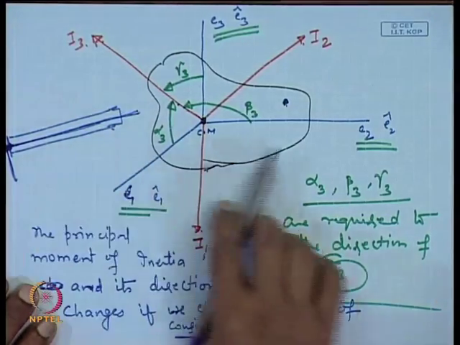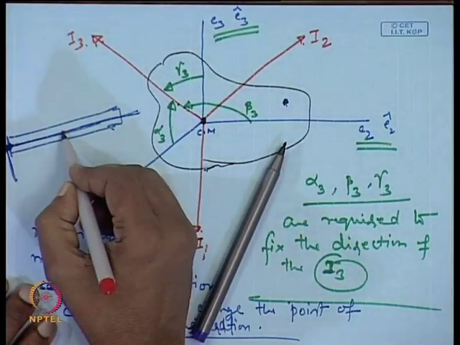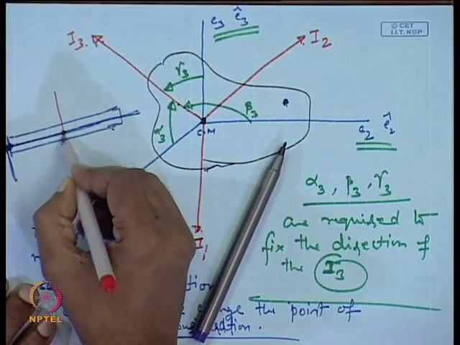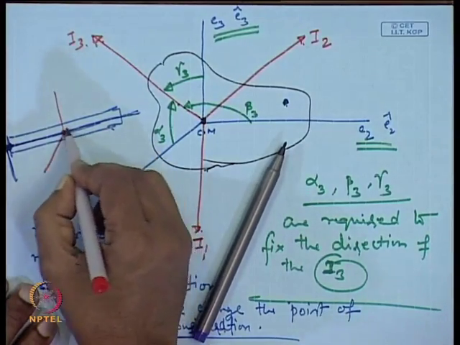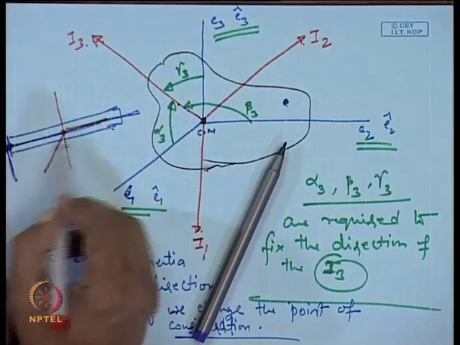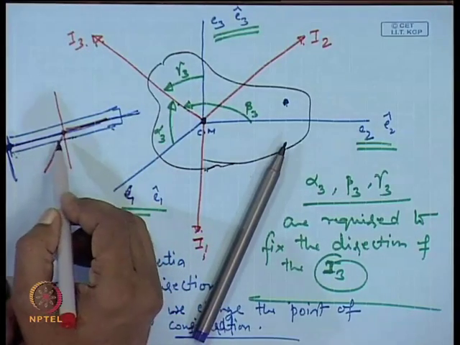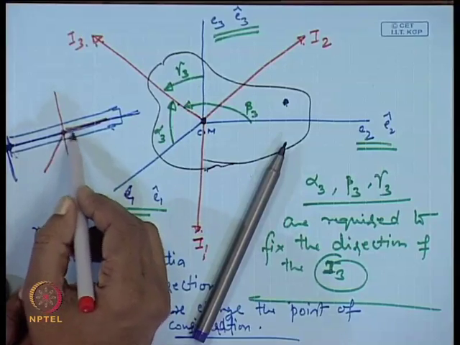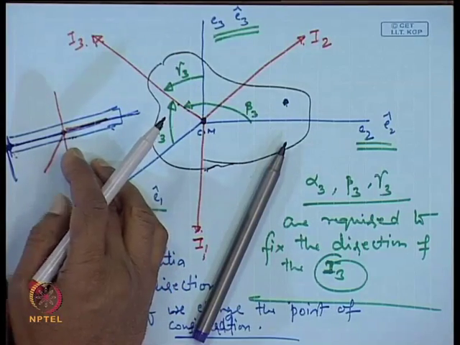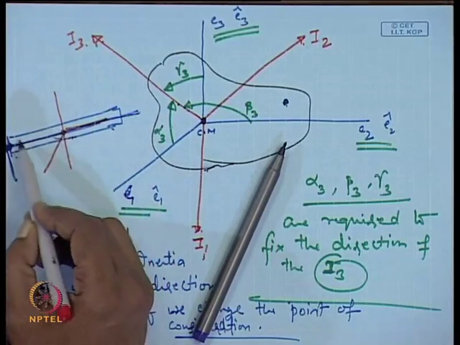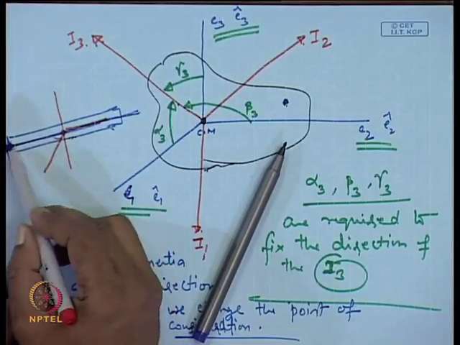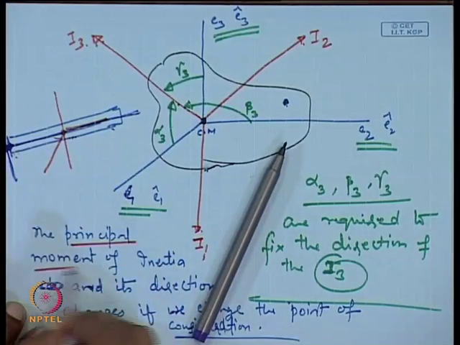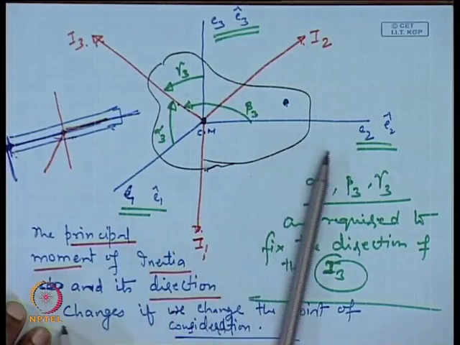And if instead you choose the point here and have the directions like this, obviously at these 2 points the moment of inertia will not be the same. The moment of inertia along these 3 axes will be different, and correspondingly the principal moment of inertia and its direction also change.